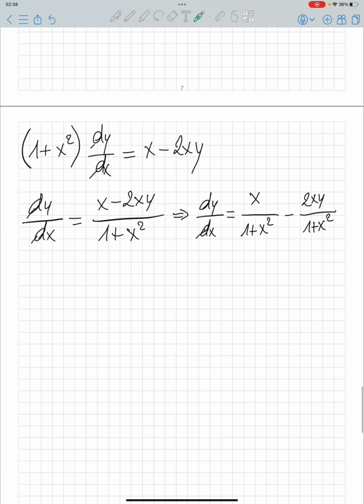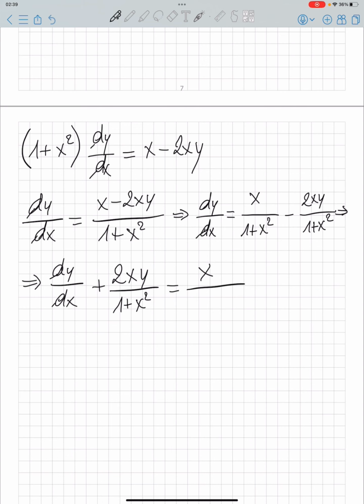So up to now we have our dy/dx. What we want to do is, now we're gonna bring this on the left hand side, right? But by doing so we're gonna change the sign, so plus 2xy over 1 plus x squared is equal to x over 1 plus x squared, right?